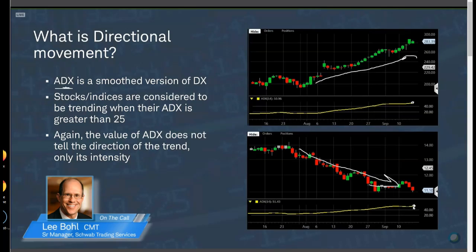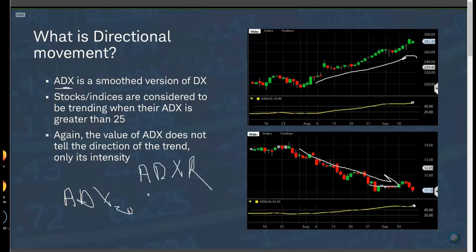So this just tells you that ADX is telling you the intensity of the trend, not its direction. Now, there is another measure, if you use the Market Edge reports on our website or on Street Smart Edge, called ADXR. Let me explain that one. ADXR is simply an average value of ADX over a certain period of time. So it would be ADX 20 days ago plus ADX now, divided by 2.